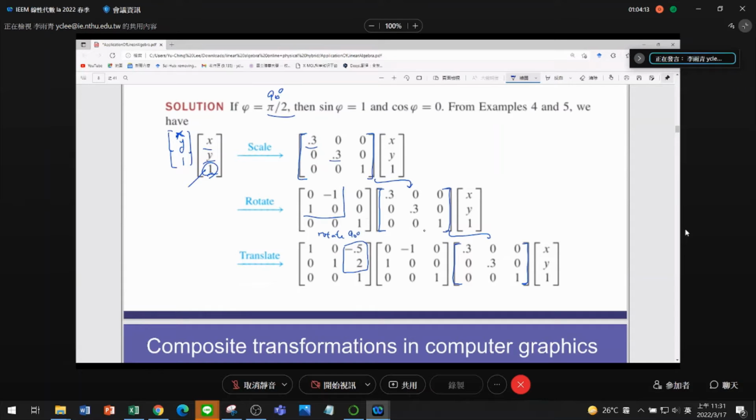So now you can probably see why we need the third dimension, because it allows the translation to happen. We can perform a translation like this. Without the third dimension, we are unable to add values right here.